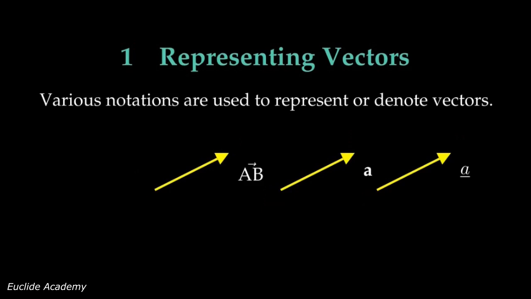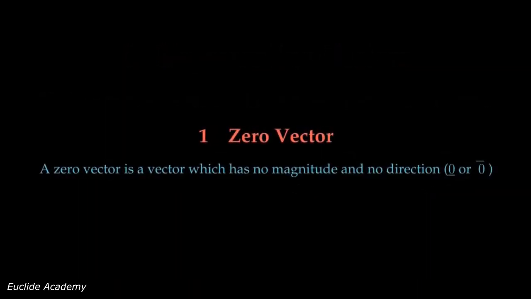In this part, we want to talk about the types of vectors that we can have. The first one is the zero vector. A zero vector is a vector which has no magnitude and no direction. We know that a vector should have a magnitude and direction, like we said at the beginning of this lesson.